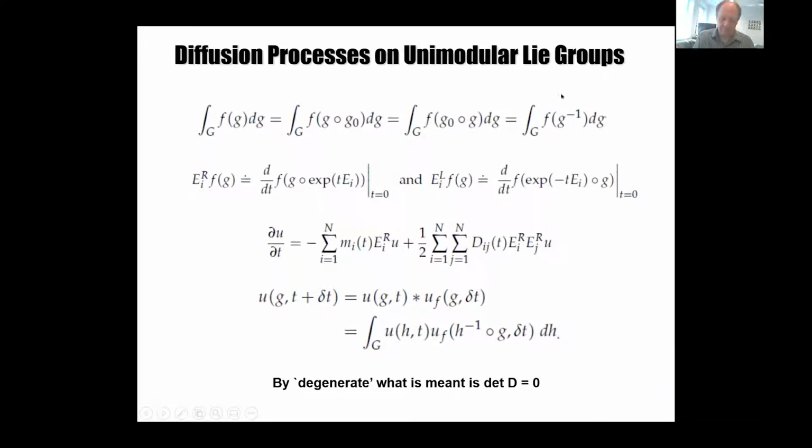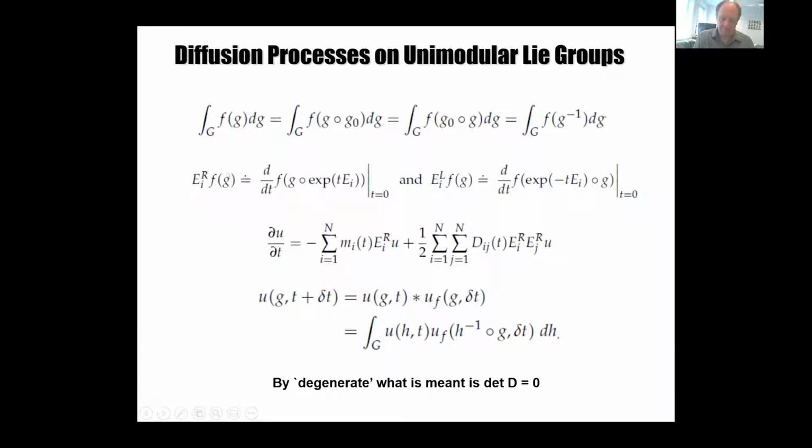So by a unimodular Lie group, we mean one which has an invariant measure, invariant under shifts on the left and on the right, and consequently it's invariant under inversion of the argument. I'm going to be using this terminology for the left and right invariant derivatives. This throws people off.